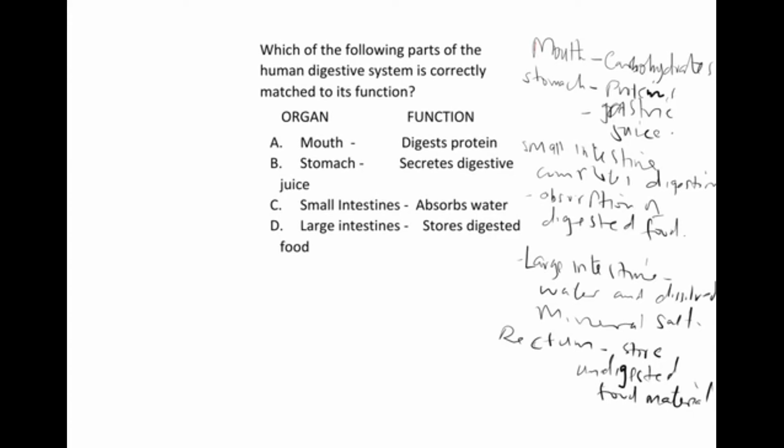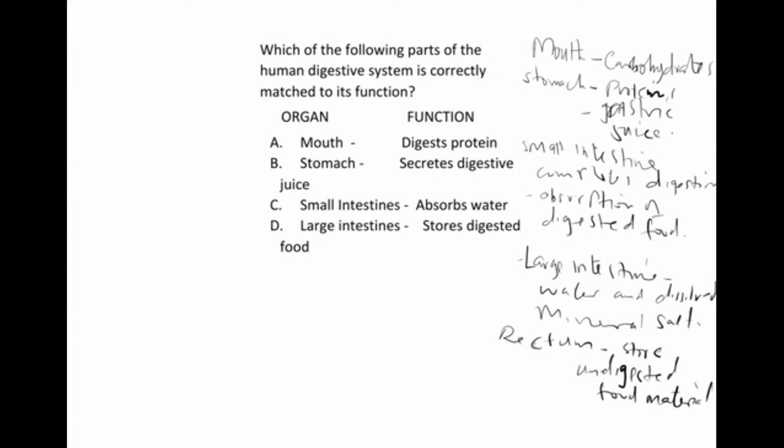So with that explanation, we can easily pick the correct alternative. But before you pick, it's good to read our question and highlight the key word. The key word there is correctly matched.